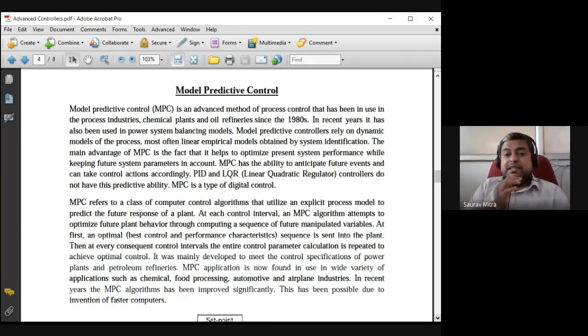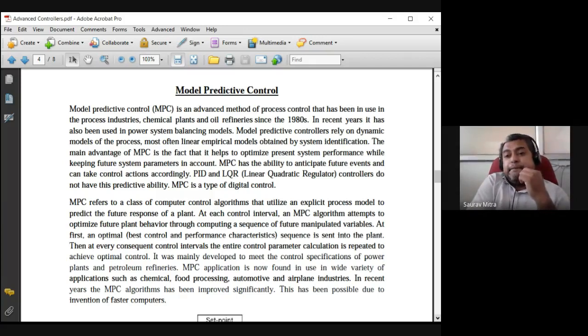So whenever it is model predictive control, first it understands the process, then it understands the controller, then it checks the compatibility between these two, and it always takes care of present system performance while keeping the features of the system parameters in account. So what is the system feature? What is the controller feature? And whenever the system changes, how does the feature of the controller change? All those things are kept in mind while the predictive controller is controlling the process.